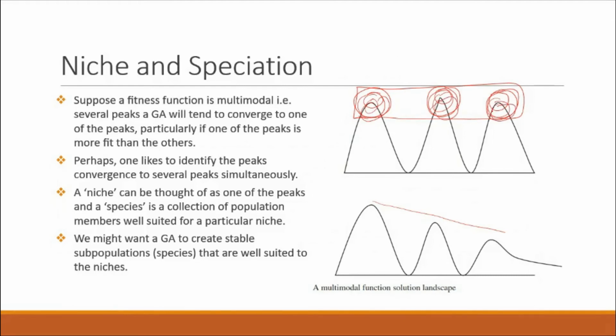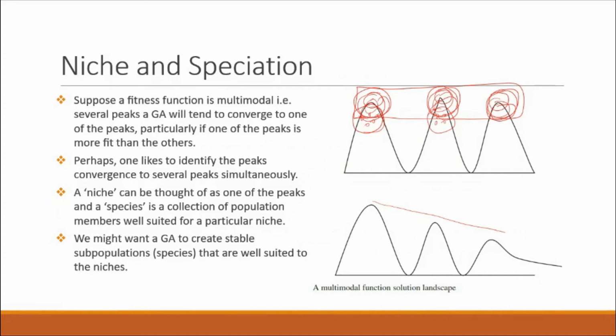So there are three niches in this case. The individuals present at this particular niche belong to a specific species, and the individuals present at this other position belong to another species. That is the concept of niche and speciation.